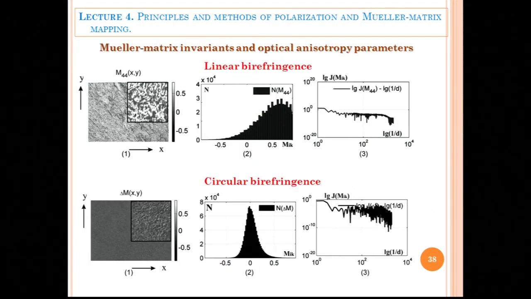Here you can see the experimentally measured Müller matrix invariants of optical anisotropy parameters, analyzed through these three approaches. For linear birefringence, you can see it here. This is a histogram of this distribution, and this is the power spectrum of this distribution. This is circular birefringence, namely optical activity, with an analogous situation.